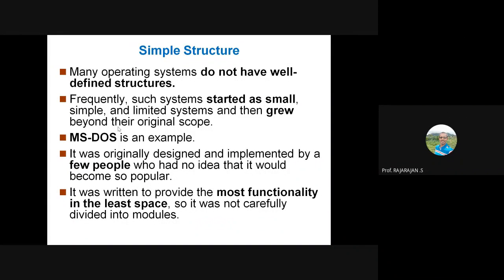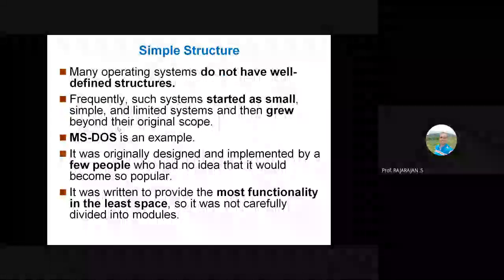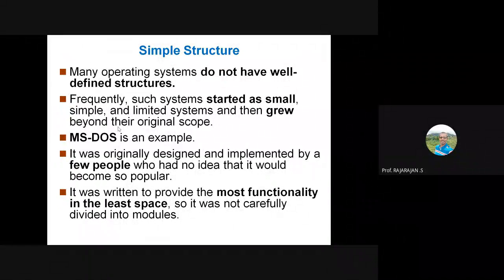Another reason for this problem is the lack of hardware support. We have seen that dual mode operation is very crucial for the protection of the computer, but that requires hardware support. Only if you have a register which has a mode bit can you differentiate the different modes. But by that time the hardware, that is the processor, did not have that option, so there was no structuring provided in the OS.